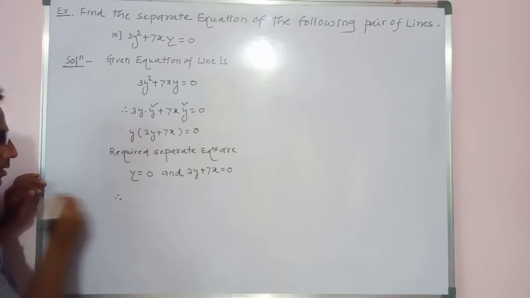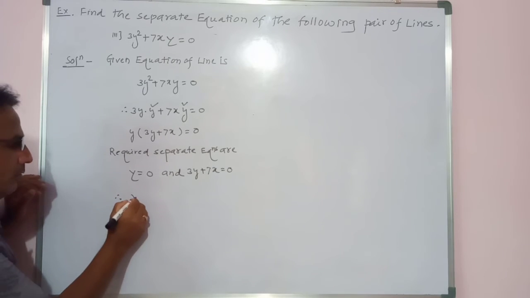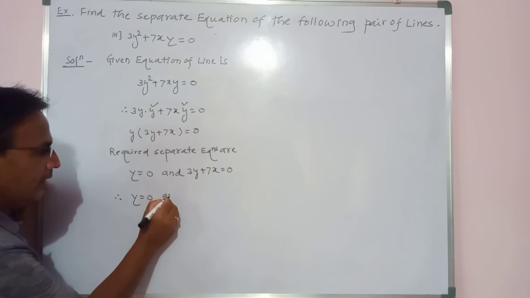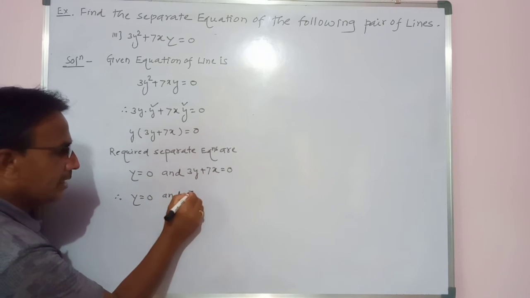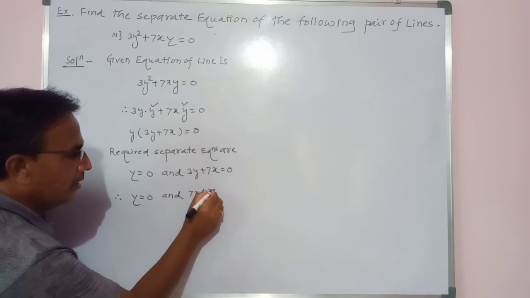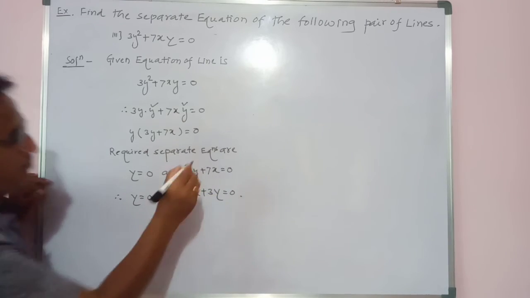Therefore, in this example we write y = 0 and 7x + 3y = 0.